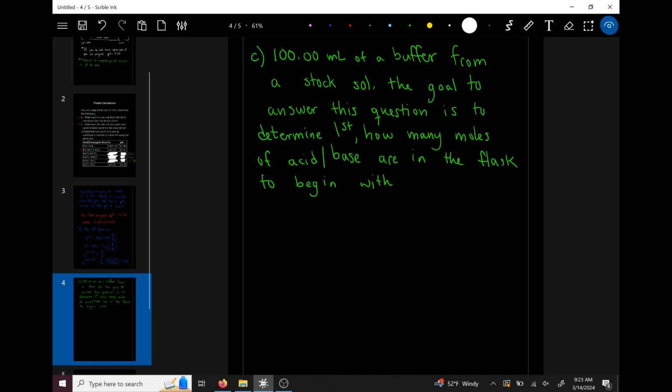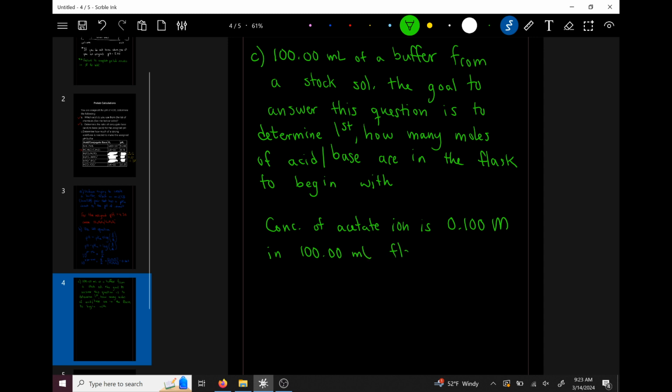And I'm trying to figure out how many millimoles are inside of that flask, right? So I'm going to convert from molarity, so the concentration of the acetate ion is 0.100 molar in a 100 milliliter flask.